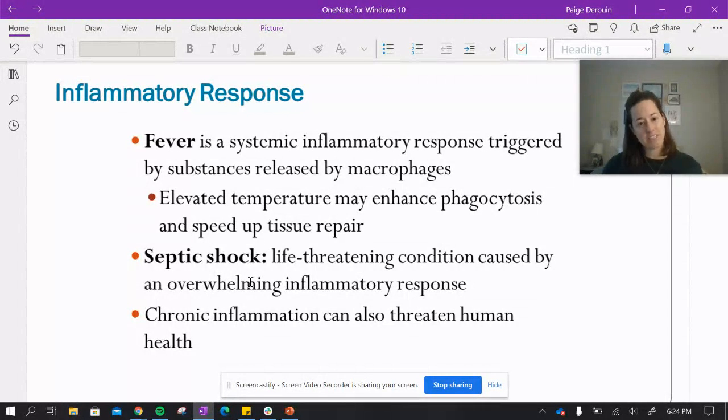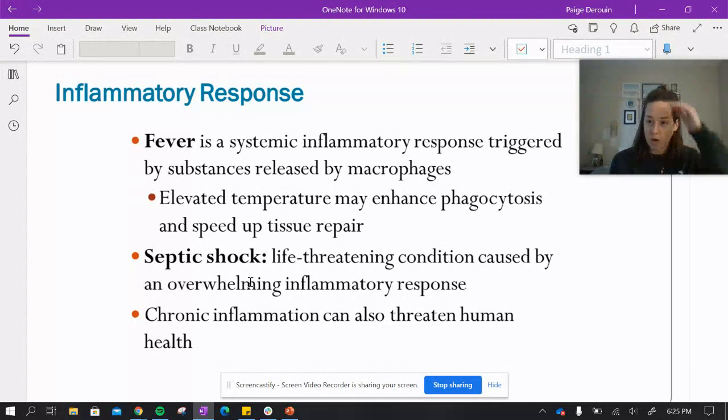Also, another example is septic shock. This is just an overwhelming whole body inflammatory response that happens sometimes when people are given transplants or tissues that are from a donor, including a blood transfusion. So the body recognizes that that organ or blood or tissue is not of the person whose body it is, and so has this inflammatory response where it starts to attack the tissue or the blood.